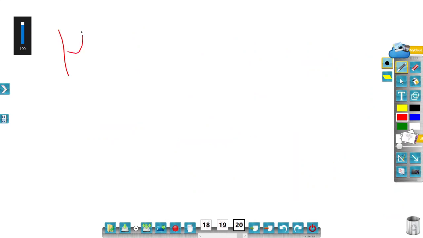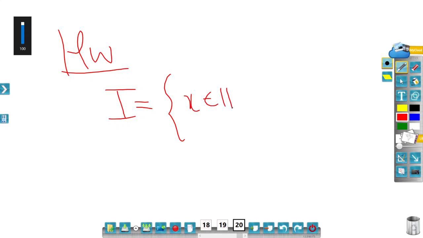So here is a quick homework question. Express the set S in interval form, where S is those x belongs to R such that mod x minus 6 is less than mod x plus 2.